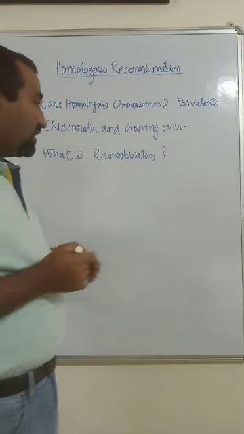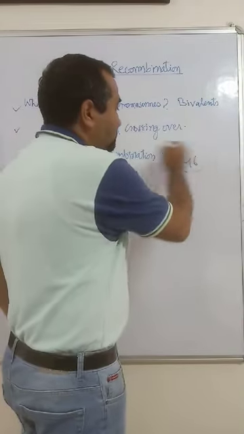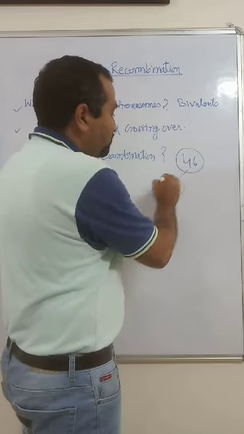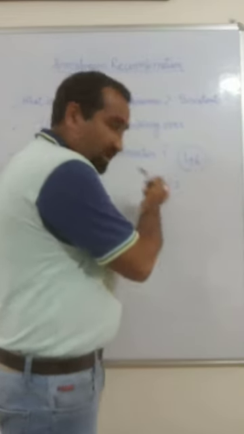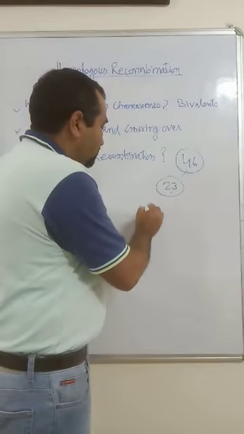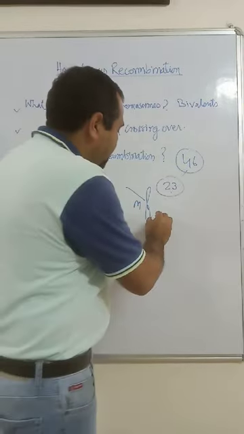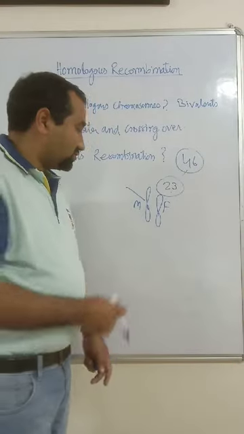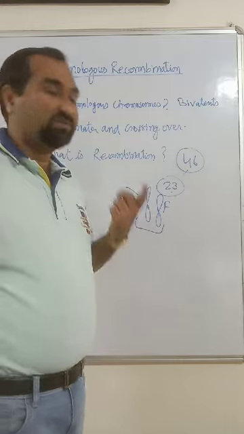Just like in human beings, there are 46 chromosomes, and these chromosomes are grouped into 23 pairs. In each pair, one chromosome is descended from the mother and another from the father. So, this pair is one homologous pair.